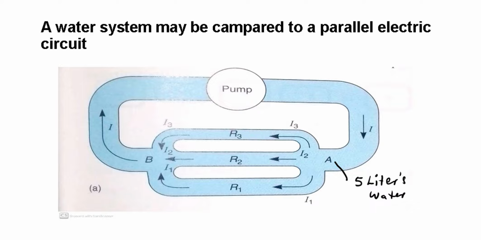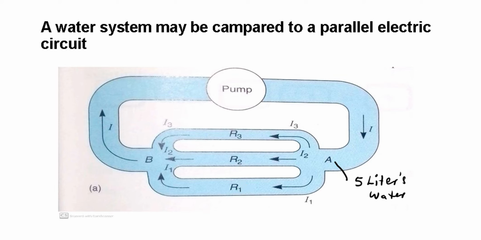That is to say, water is going to flow more freely through R1 than through R2, and than through R3. Do you understand that now? So this is a typical illustration of what? A parallel connection of electric circuit.